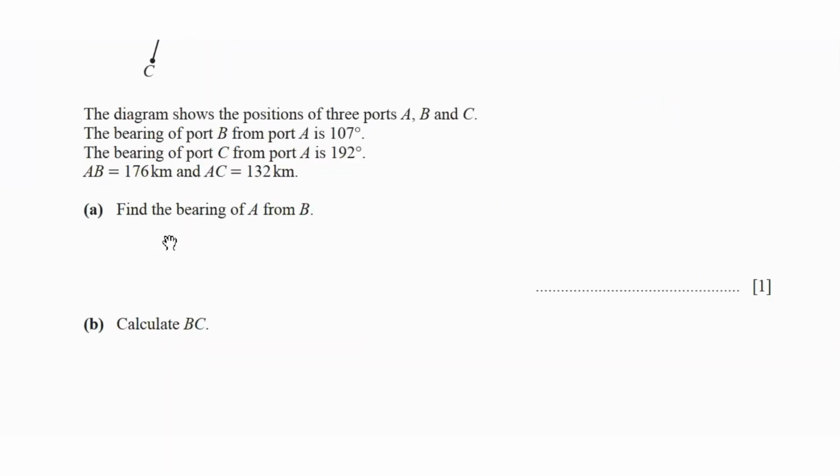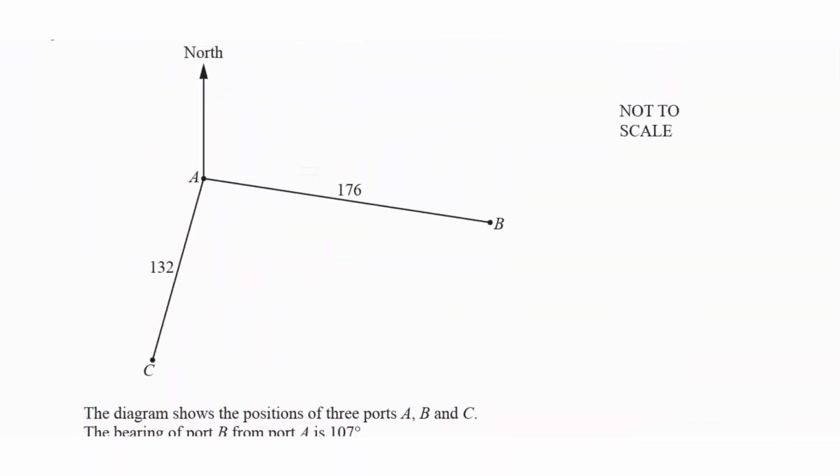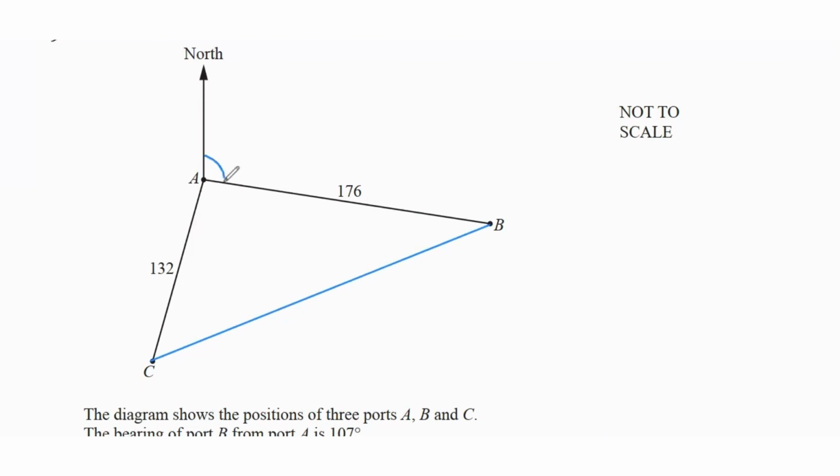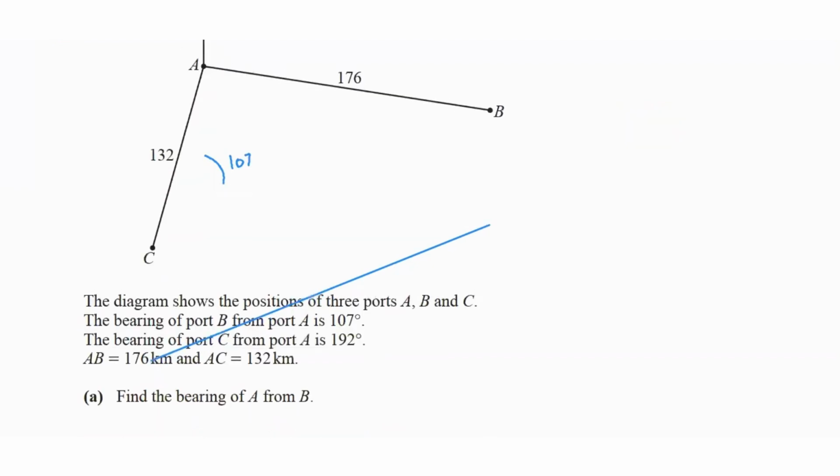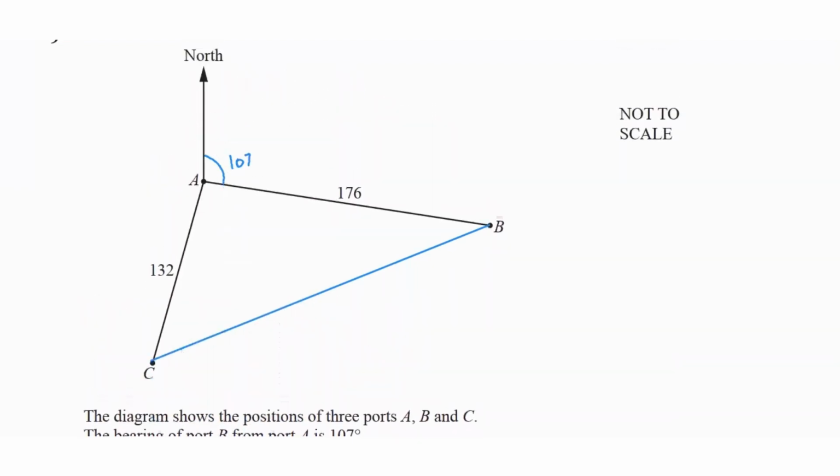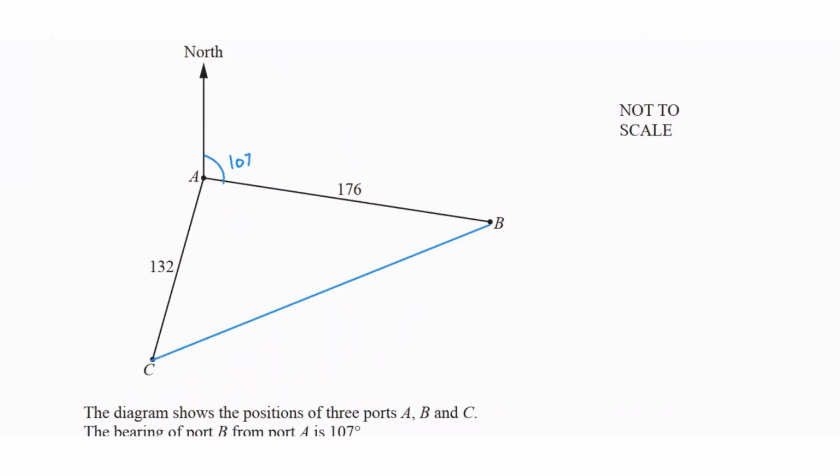Then it says calculate BC. So to calculate BC, we first connect the 2 points. This was 107. And the bearing of C from A is 192, which means this is 192.